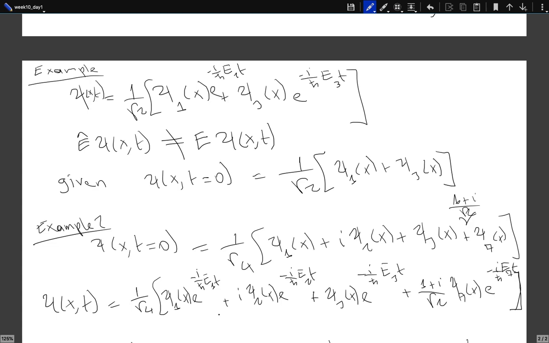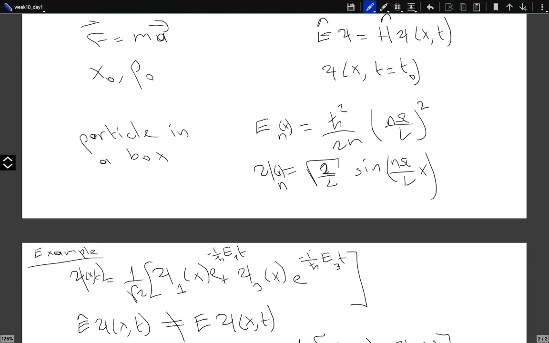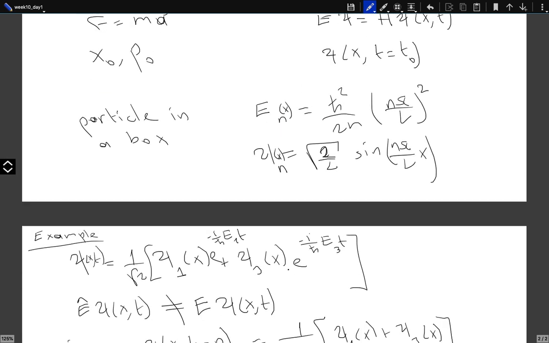But no matter how I create the particle in this box, it will never have an energy, let's say, twice E1, because twice E1 cannot be written in that form with an integer n.